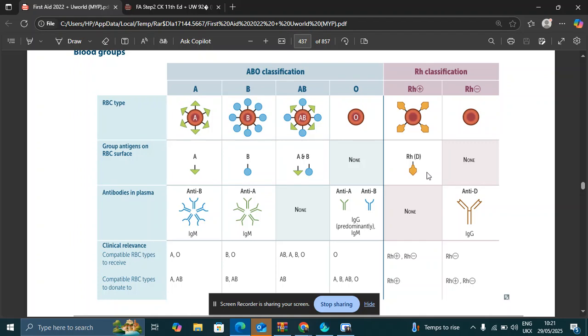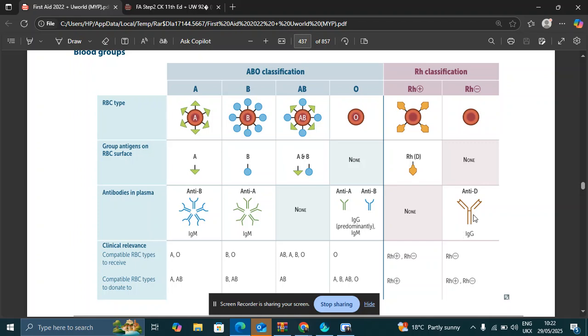The fetal blood has the RHD antigen, and when it interacts with the maternal circulation, the maternal blood starts producing antibodies against it. This antibody would be IgG type.